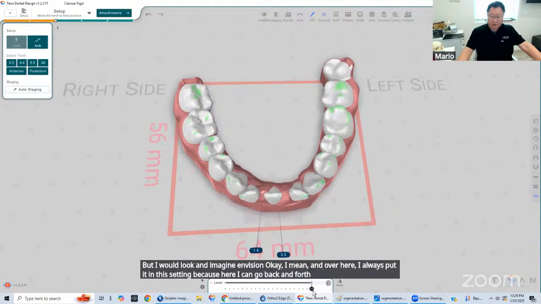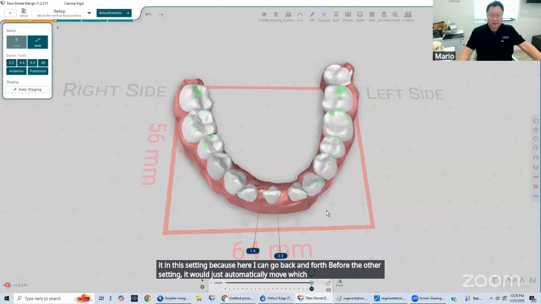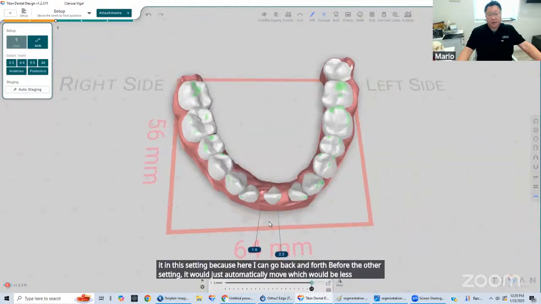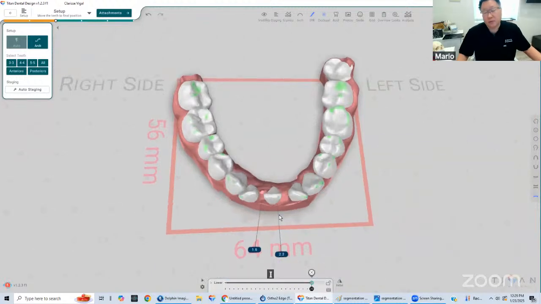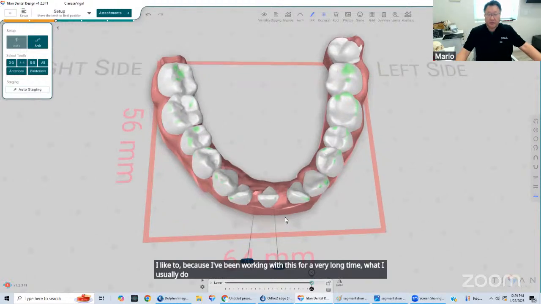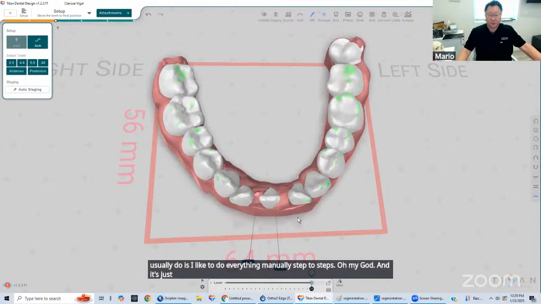If we're in the other setting, it would just automatically move, which would be less. And because I've been working with this for a very long time, I like to do everything manually, step by step on my own. I've just gotten really used to it, really comfortable with it.